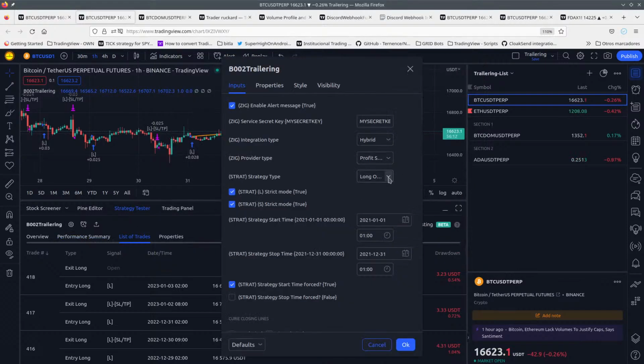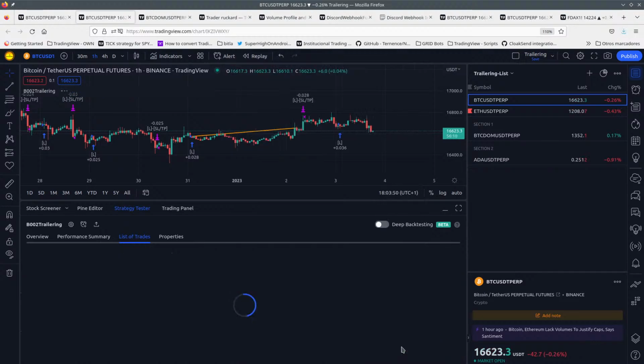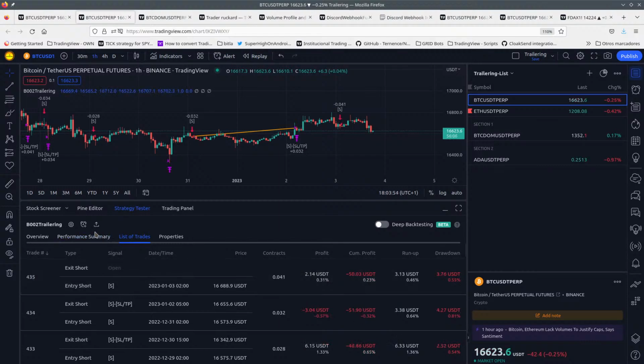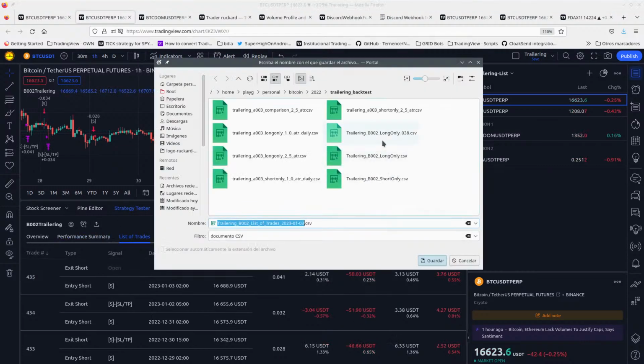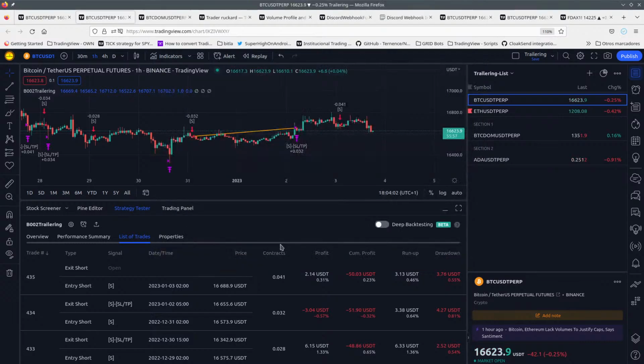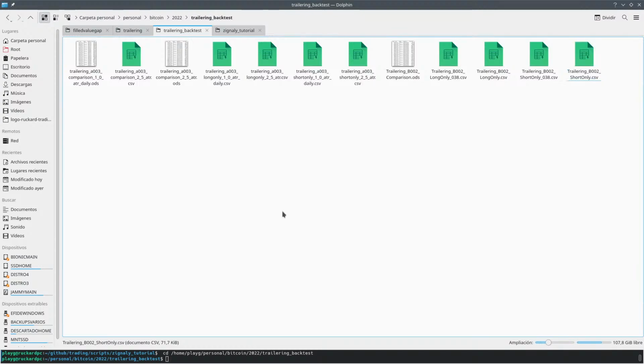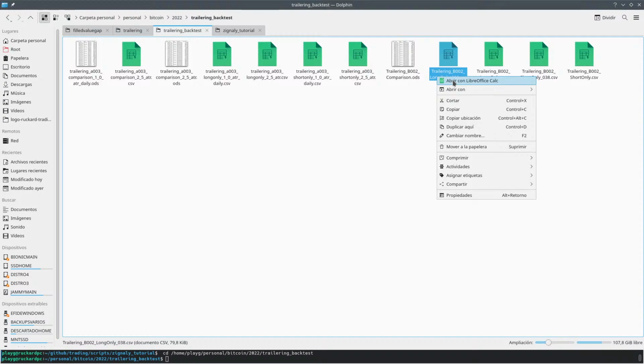Now let's change into short only. Let's say that this is short only with 38. Okay. Now we should go back to the drawing board.